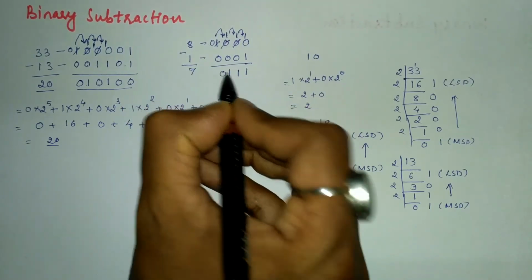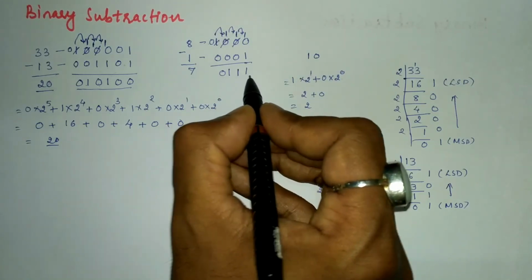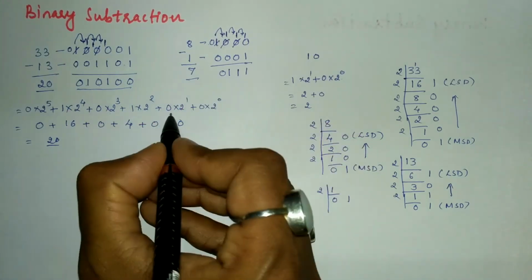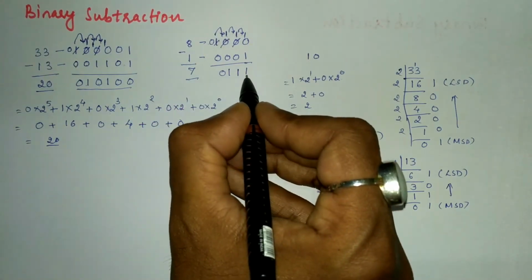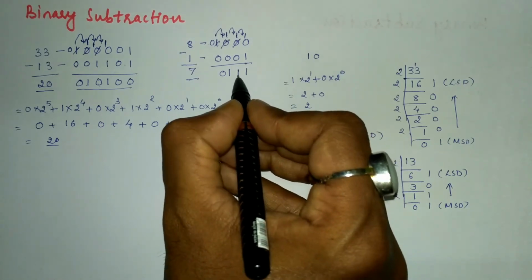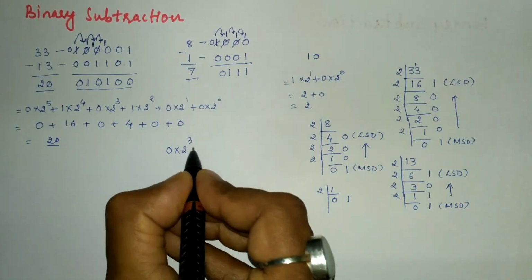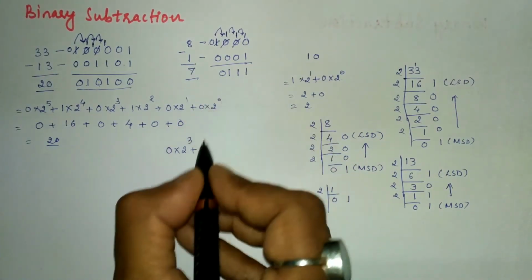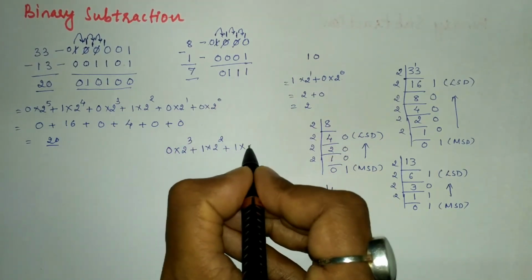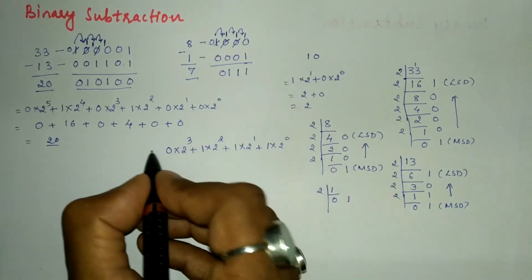0 minus 0 will become 0, and we have to check whether this 0 1 1 1 is equal to 7 or not. How to check? We'll use this method. The positional weight of the bits from the right hand side is 0 1 2 3. All right, 0 into 2 to the power 3 plus next bit 1 into 2 to the power 2 plus next bit 1 into 2 to the power 1 plus the last bit 1 into 2 to the power 0.